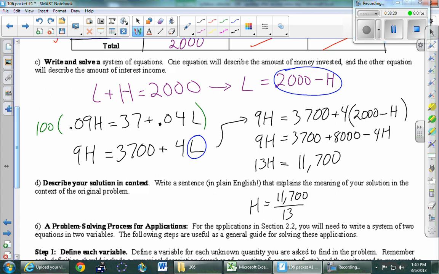Is that 900? Maybe I made a mistake. $3,700 plus 8,000. No, I got 117. This looks good. And then when you divide? I got 1521. Try dividing again. So this number is not right, that 4,500. Add those two guys again.